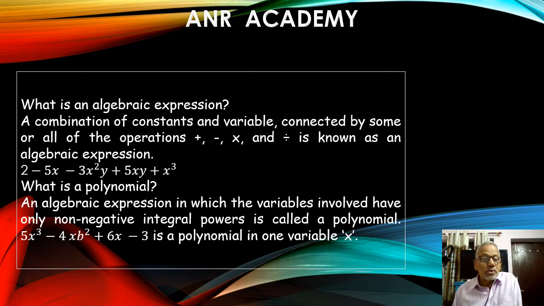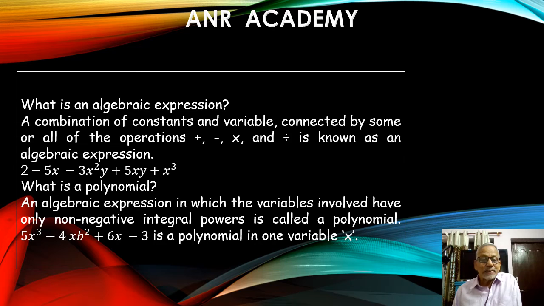For example, 5x cube minus 4xb square plus 6x minus 3 is a polynomial in one variable x.